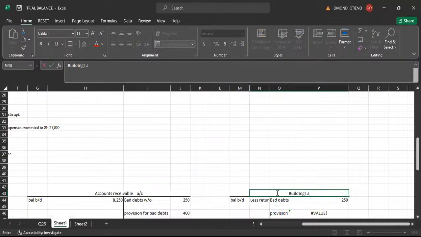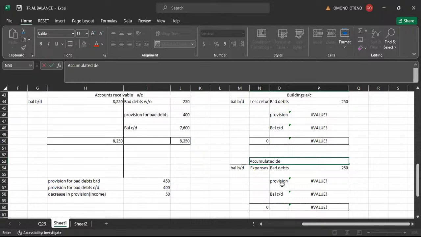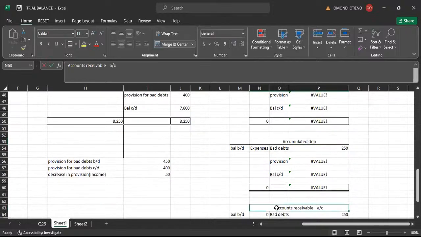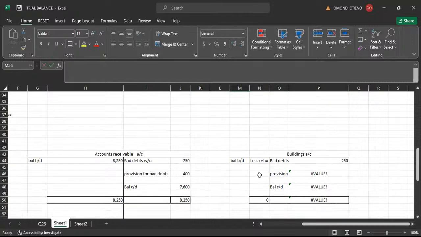Buildings account, then accumulated depreciation, then depreciation expense account. So the asset, the building should have a balance brought down.